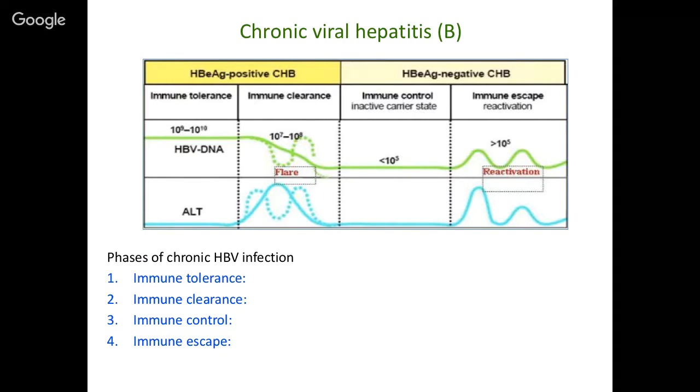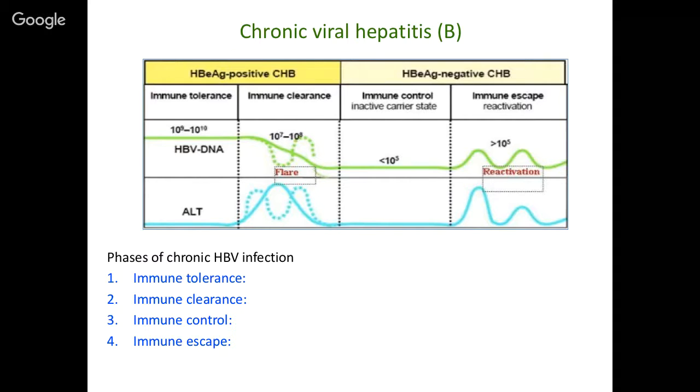So the 4 stages, first one's immune tolerance. So that's when you have a higher level of HBV replication. And it's often asymptomatic. There's no evidence of active liver disease by the patient's presentation or on biopsy either. The second stage is immune clearance. So that's when the immune system starts to fight back, attempting to clear the virus.